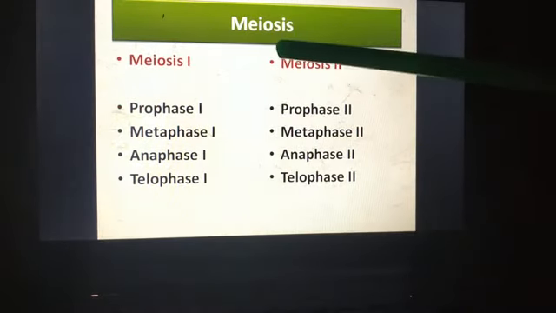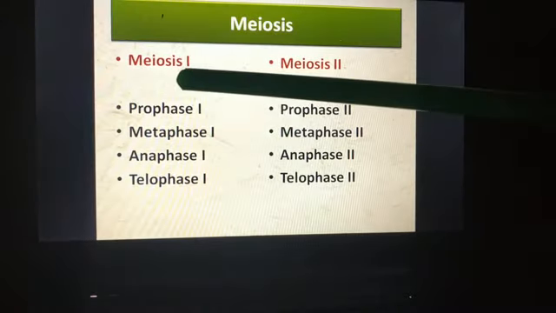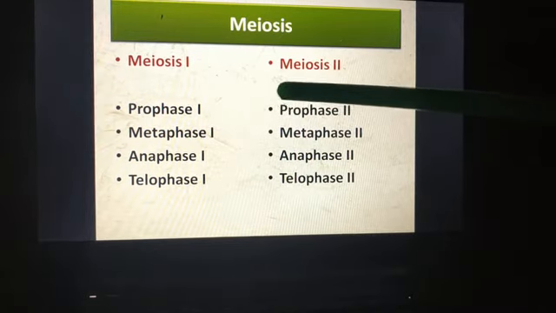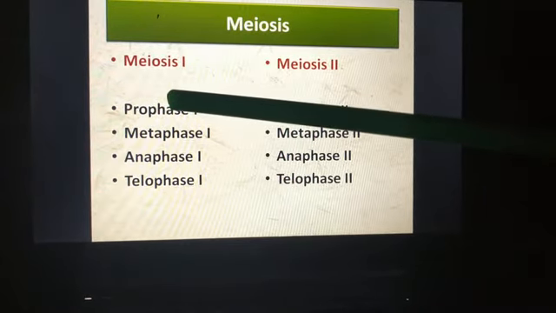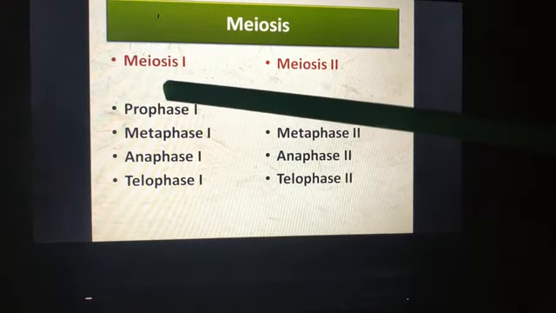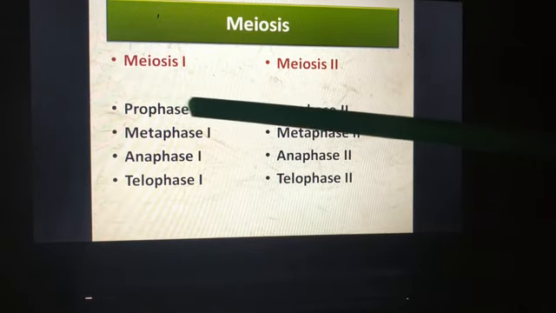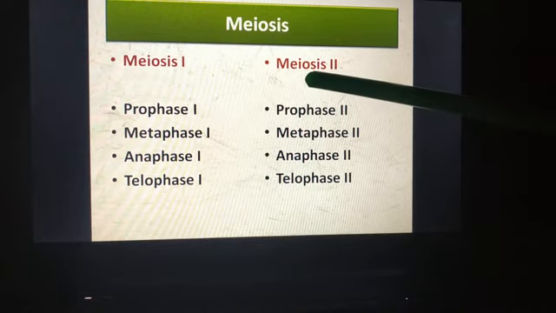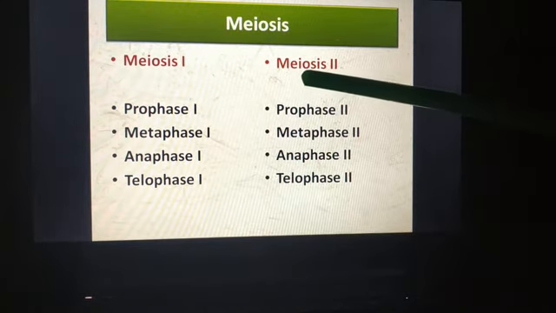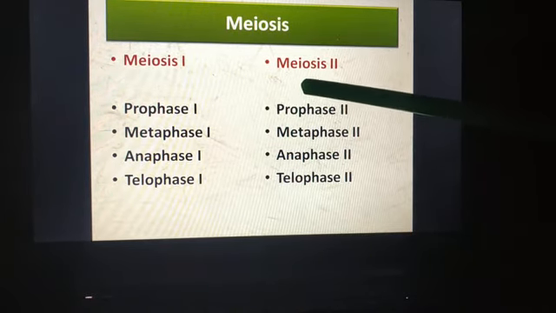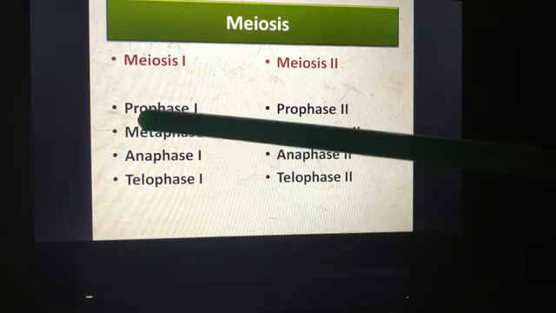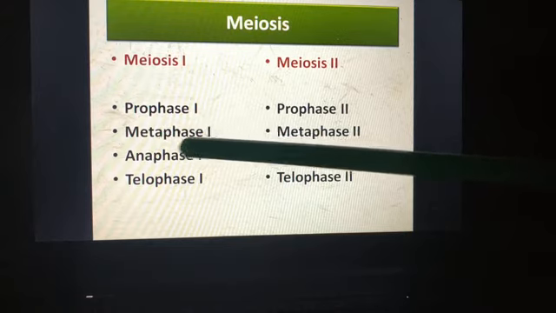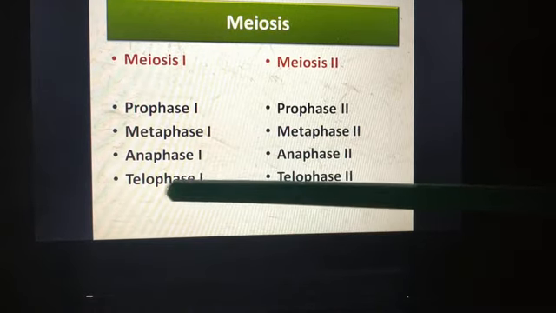Now meiosis is completed in two parts, meiosis 1 and meiosis 2. Meiosis 1 will undergo karyokinesis and then cytokinesis, and meiosis 2 will also undergo karyokinesis and cytokinesis. In meiosis 1, the 4 different phases will be prophase 1, metaphase 1, anaphase 1 and telophase 1.